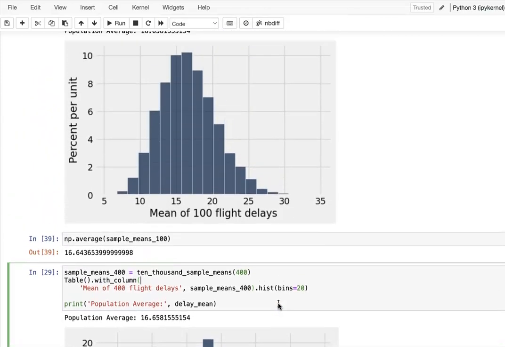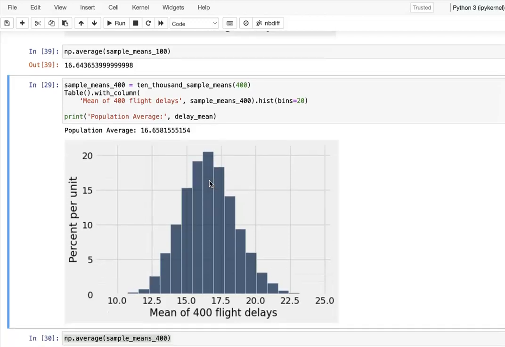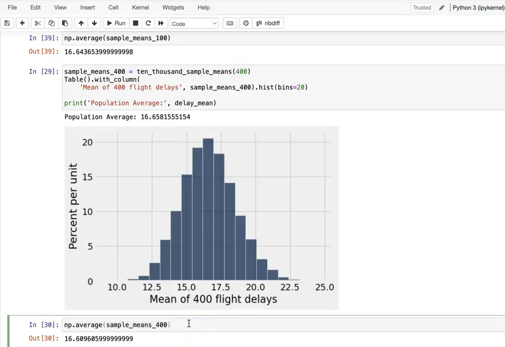Compared to 100, it is more symmetric for the 400 sample size, and the interval is also narrower than for size 100. The same thing here, we can guess the average is around 16, and of course we can calculate the result, which is 16.6.